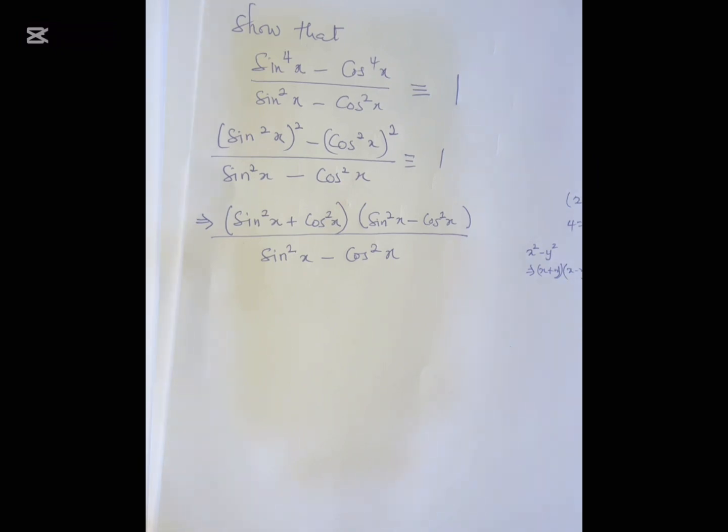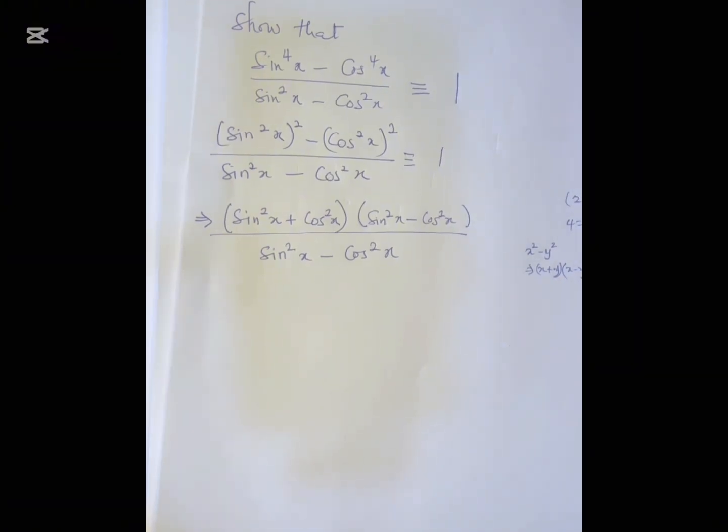Back to the main business. We should show that (sin⁴x − cos⁴x) on (sin²x − cos²x) is 1. That is our main target: getting 1 on the left-hand side and 1 on the right-hand side.